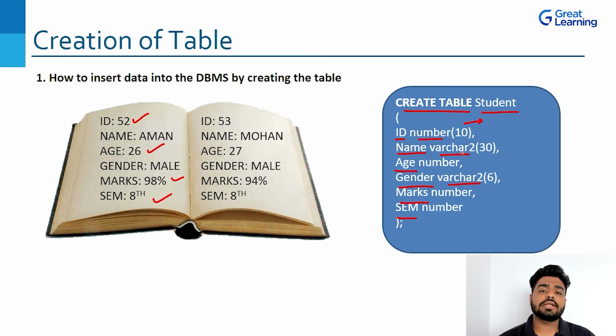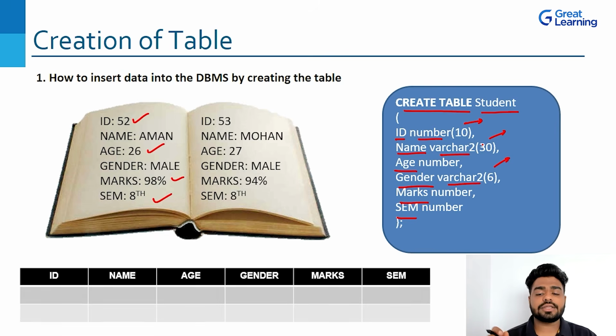That also I'm going to tell you in the topic of data types. 30 and 6 are again limited capacities. For gender, if you see male and female, that can be the only values, so that is why I've written 6 here. The name should not be longer than 30 letters, correct?